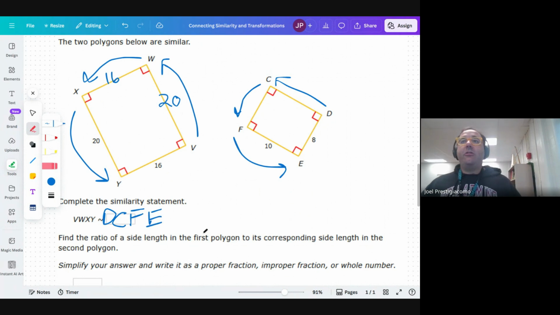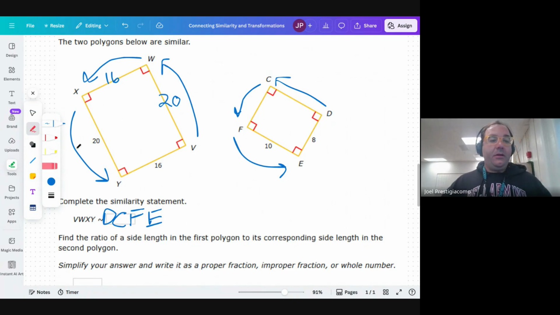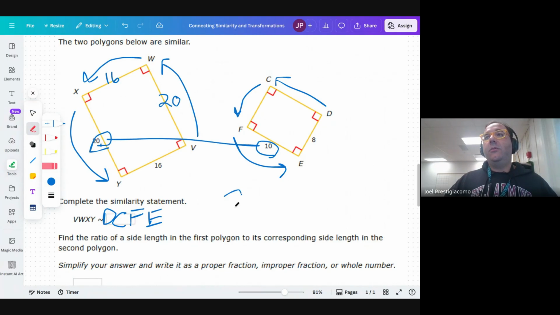And so how do we measure these side lengths and look at that fraction? Again, it says find the ratio of the side length in the first to its corresponding side in the second. The long sides are 20 and 10, so this would be 20 to 10. We could also go short side to short side, which is 16 to 8.